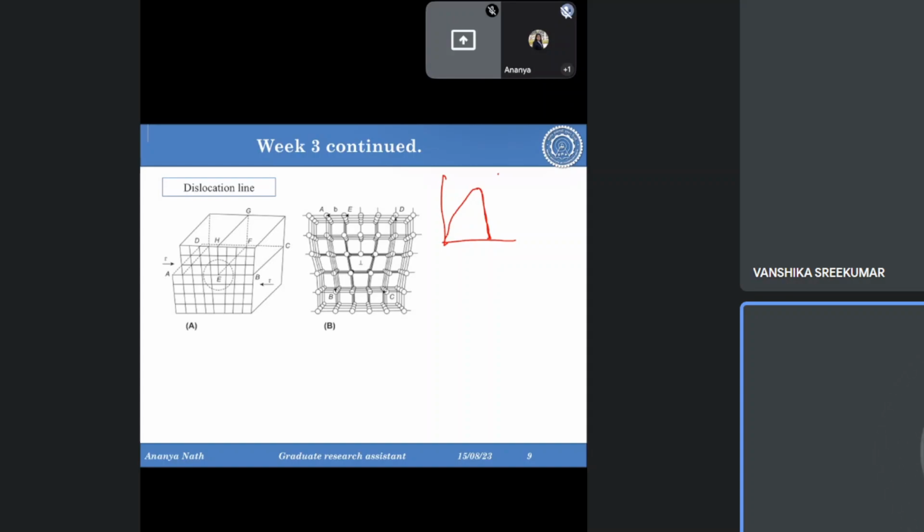They sit in front of the dislocations and the dislocation movement is hampered. That is the result of aging, which is natural aging or artificial aging.